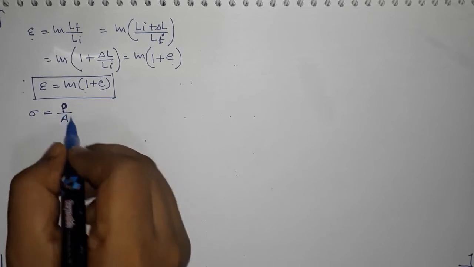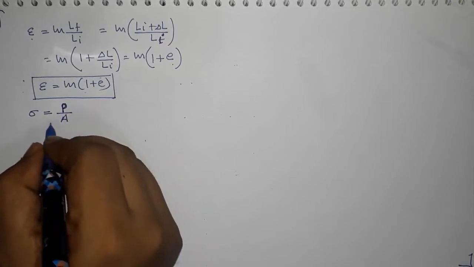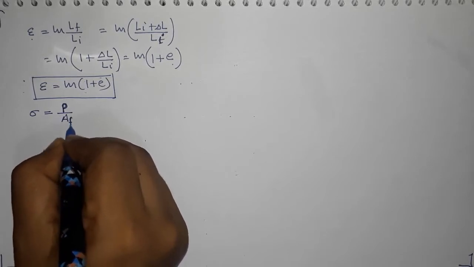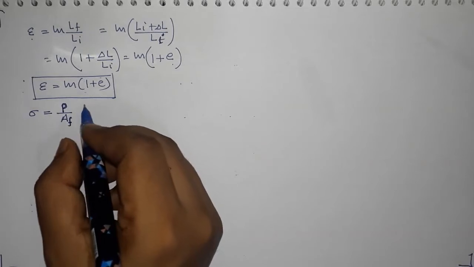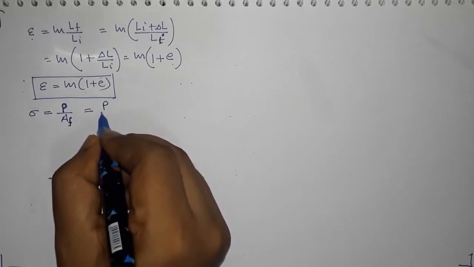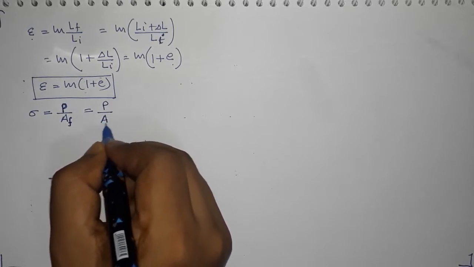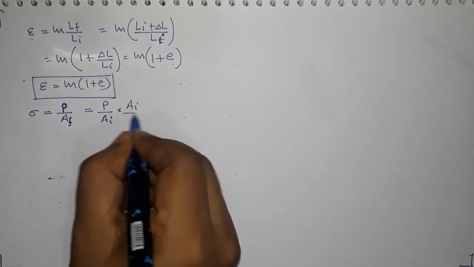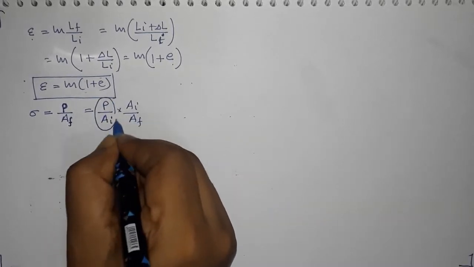So load divided by current area, which we can call the final area, since we are calculating the stress in the final position. Then we can write this as load divided by initial area, into initial area by final area, and we know that this part is engineering stress.